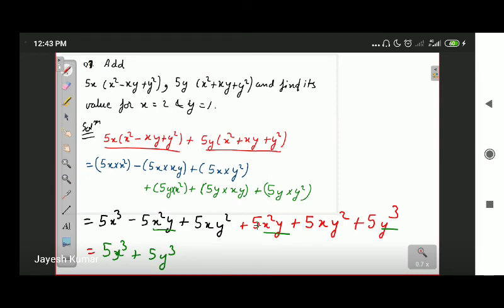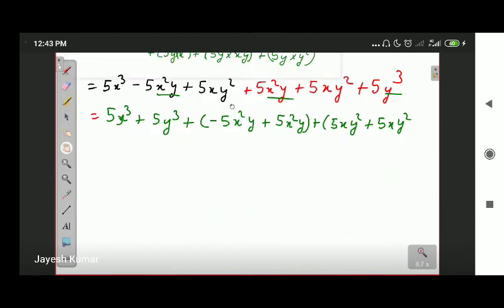Now we will simplify them. So this is minus 5x square y plus 5x square y. Then we have 5xy square and 5xy square. Now we simplify the terms.